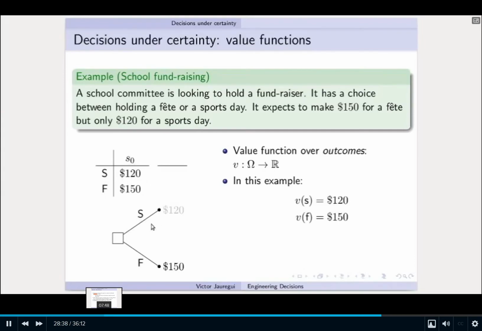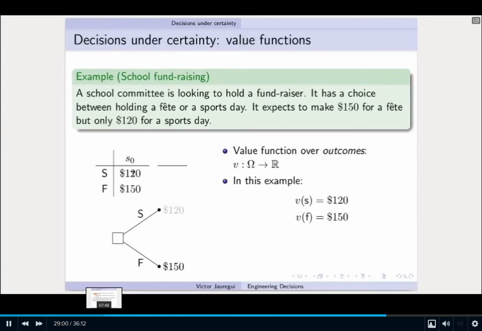And if we draw it as a decision tree, we see that we get 150 and 120. And this is our value, right? So if we value it in terms of the amount raised by the activity, then it's fairly clear that 150 is better than 120.